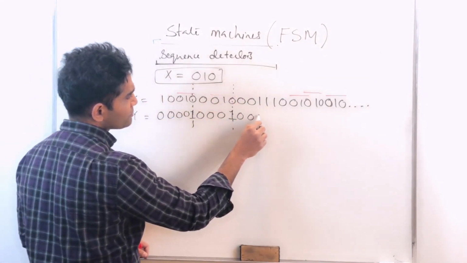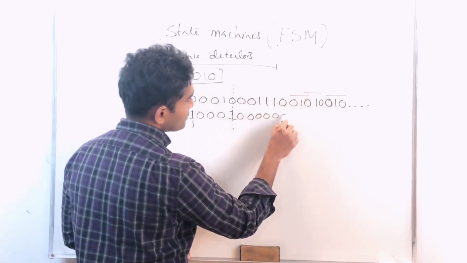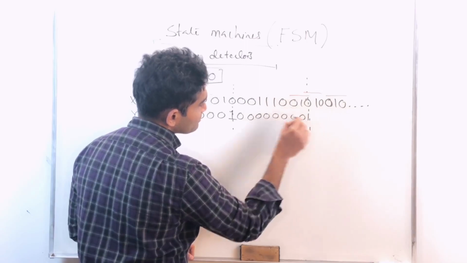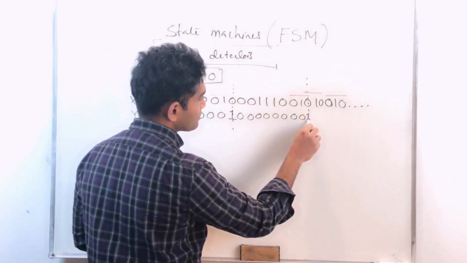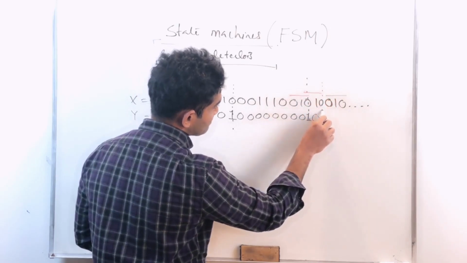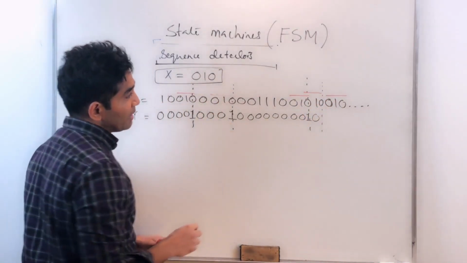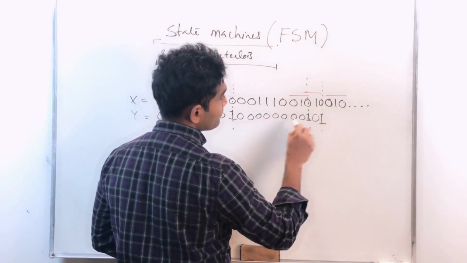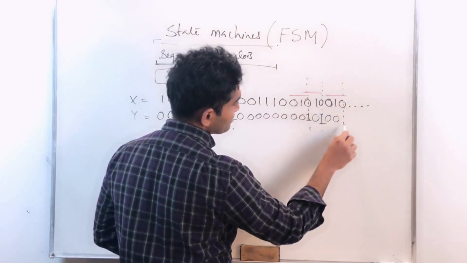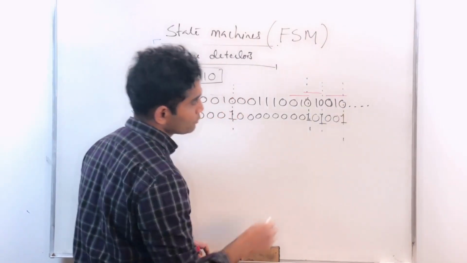Then all zeros. I've identified a sequence here, I will output a 1. Again, that's an overlapping sequence, but since that is allowed, I will output a 1 here as well. 0, 0. Another sequence identified here, so I'll output a 1 here, and so on.